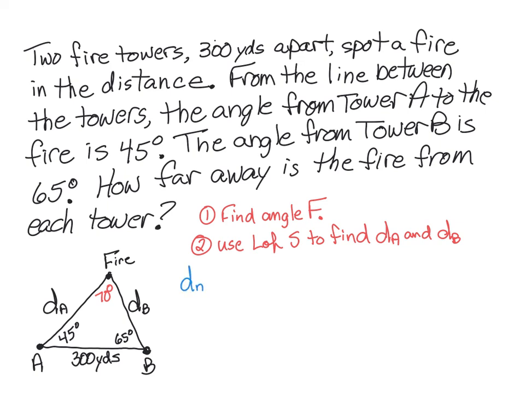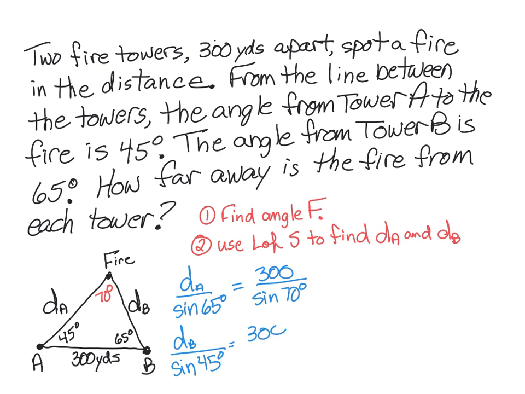The distance from A is to the sine of the angle opposite that, the same way that 300 is to sine 70. Okay? And the distance from Tower B is related to the sine of its opposite angle, the same way that 300 is to sine of 70.